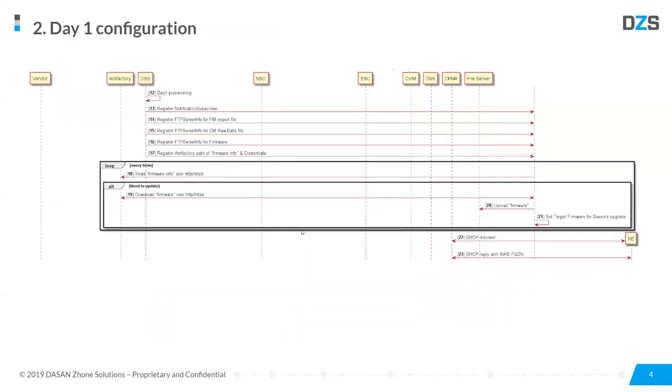And this is day one configuration for the INAS to make it possible for the flow switch PMP to run. So after the INAS is instantiated, the OSS starts to send five types of payload as a day one configuration.